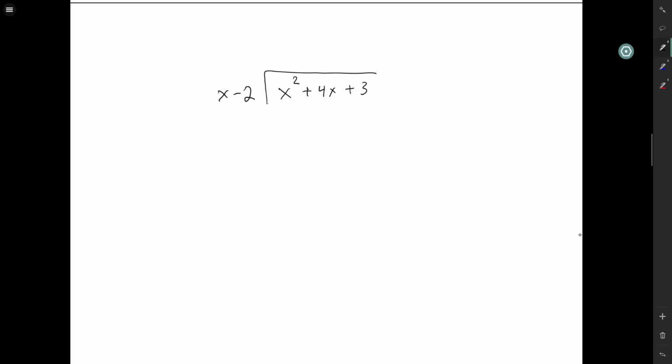But one way we can check whether or not we're going to get a remainder from a problem like this is x minus 2 as a factor would represent x equal to 2 as a solution. But if I plug in x equal to 2 into the larger piece, I'm definitely not going to get 0. So that tells me it's not a factor based on what we did in the previous class.